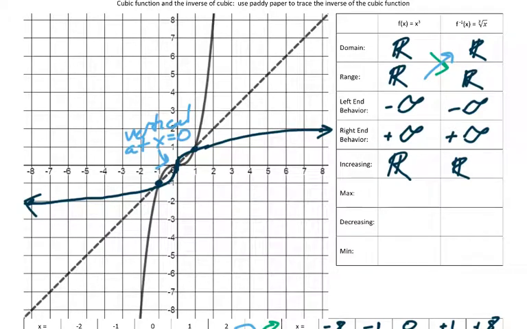The main difference between this and the square root that you're going to need to remember is this: a square root function only has the right side, because taking the square root of a negative would be imaginary. But a cube root of a negative is possible, because of the negative rules. A negative times a negative times a negative is still negative. So these work. The cube root of -64 is still -4.